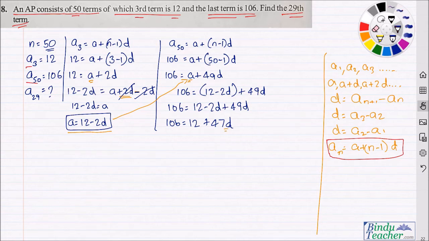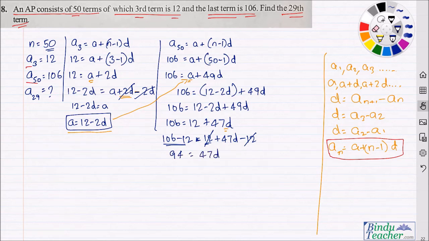So how can we do that? I'll write 106 equals 12 plus 47D. I want to remove the plus 12, so I'll add a minus 12, and whatever I do on the right hand side should be repeated on the left hand side as well, because we want to balance the equation. So plus 12 and minus 12 will cancel out each other. We have 106 minus 12, which is equal to 94. So we have 94 equals 47D.